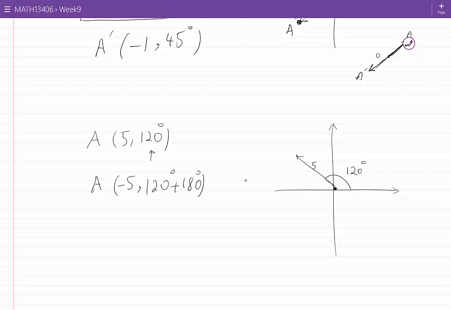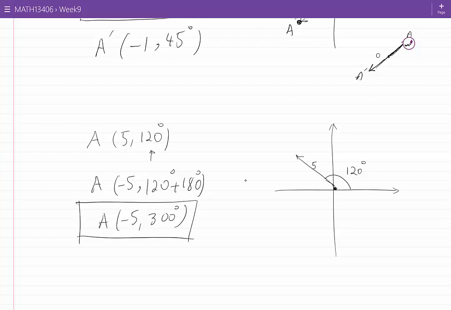In other words, minus 5 and 300 degrees. This is acceptable for us because the angle is still between minus 360 degrees and 360 degrees. If I add another 180 degrees, the angle would go beyond 360 degrees. So stop adding 180 degrees to this angle.